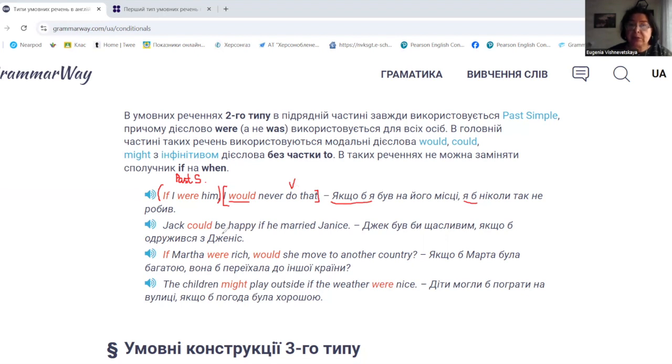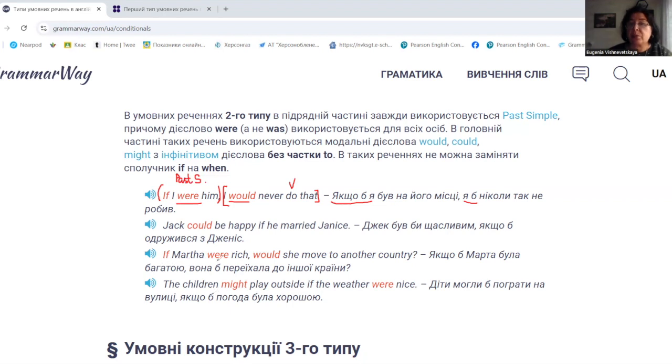And one more note. In the second conditional, we use were instead of was after I. Not if I was, but if I were you, because it is an unreal condition. It is unreal for the present moment.